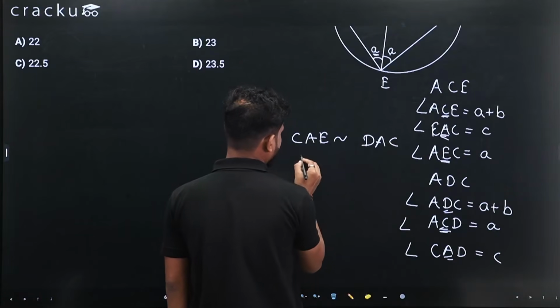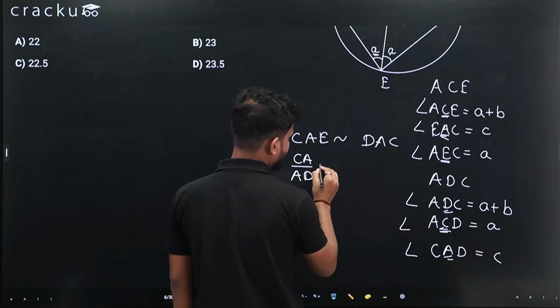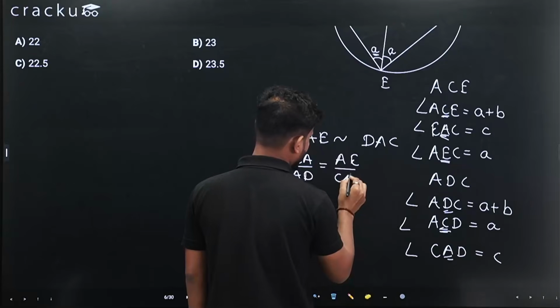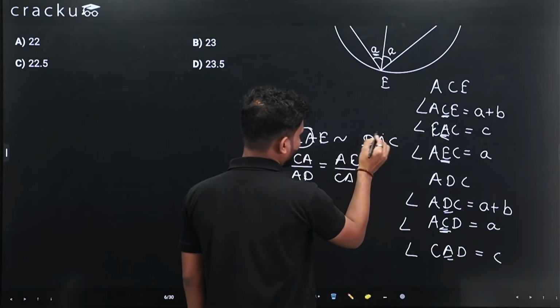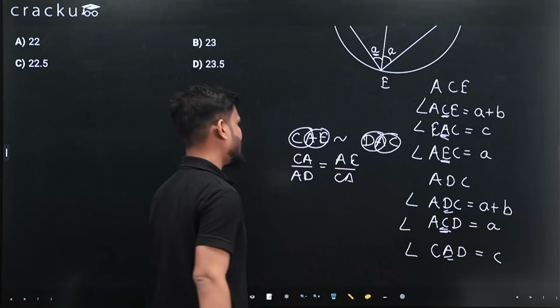From here what I can write? I can write CA upon AD is equal to AE upon CA, or AC.